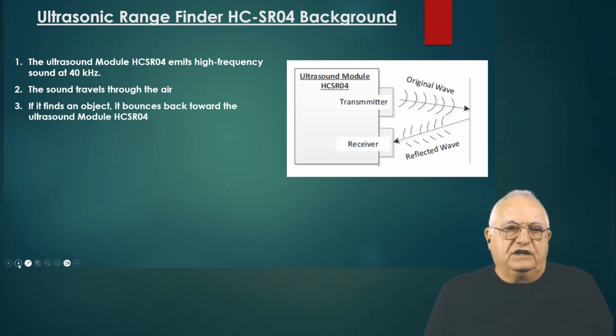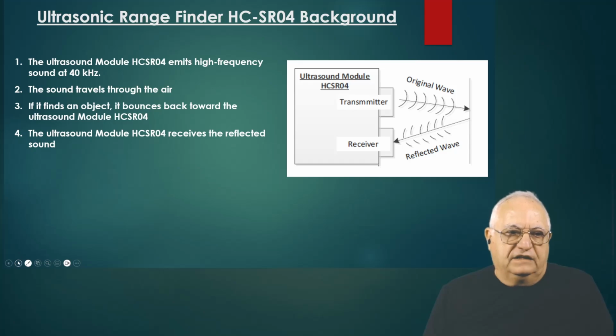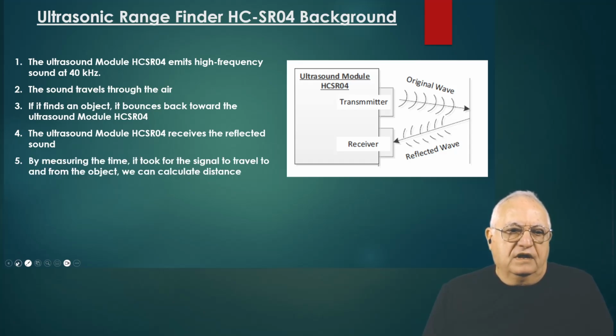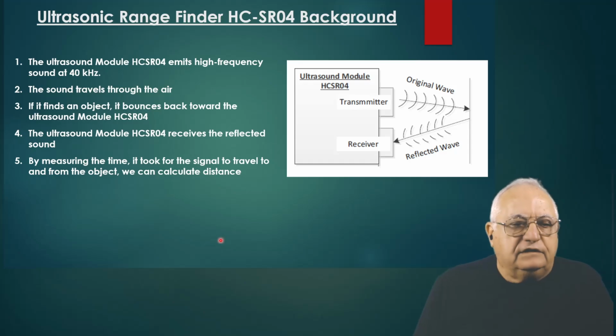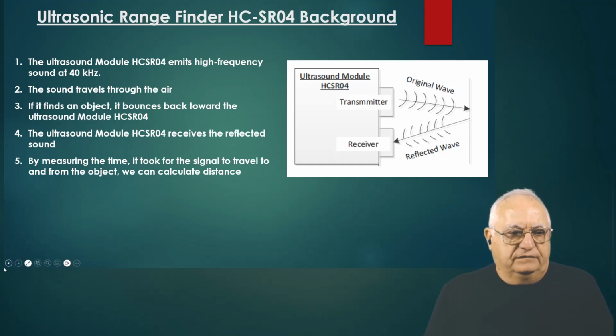If it finds an object, it bounces back toward the ultrasound module. The ultrasound module receives the reflected sound, and by measuring the time it took for the signal to travel to and from the object, we can calculate distance.